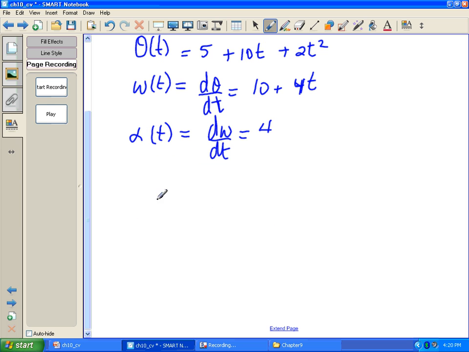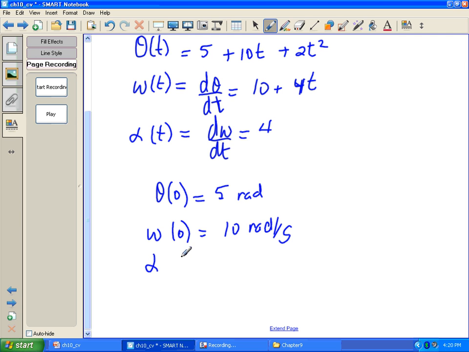Now all we have to do is plug in 0 for t. So the angular position at t equals 0 is just 5 rad. The angular speed at t equals 0 is 10 rad/s. The angular acceleration at t equals 0 is 4.